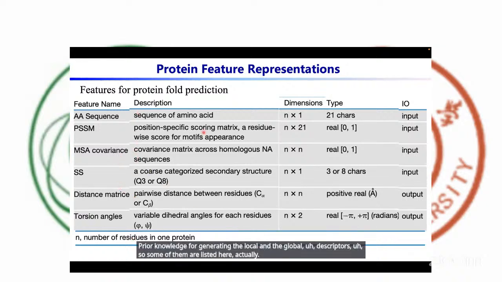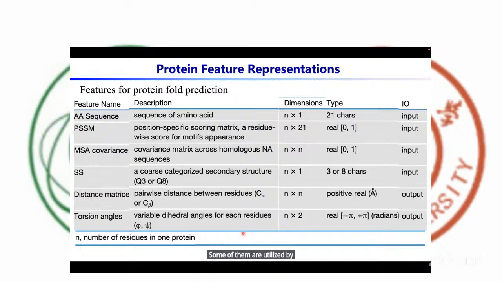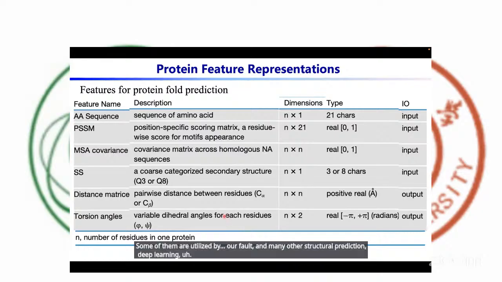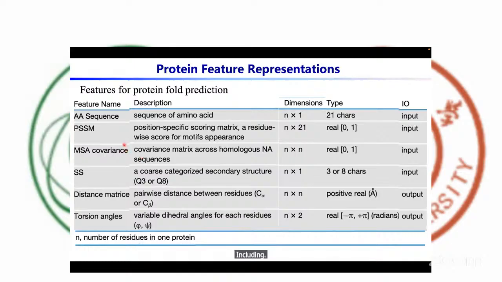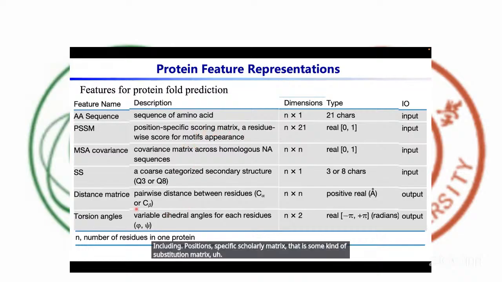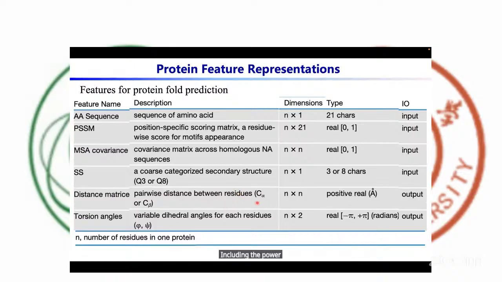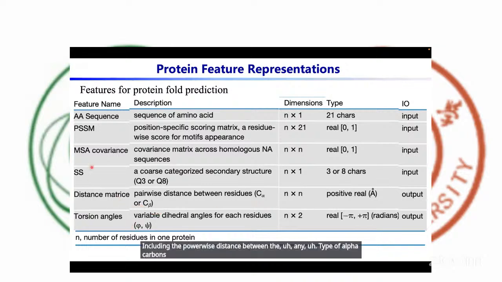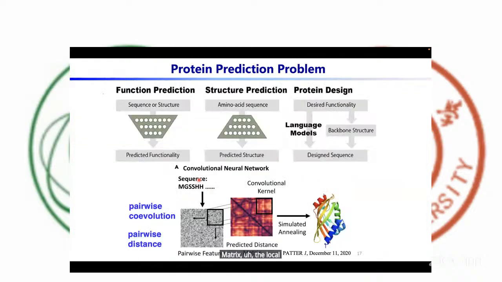Some of them are utilized by AlphaFold and many other structure prediction deep learning models, including the position-specific scoring matrix, that is some kind of substitution matrix, and the pairwise distance between any type of alpha carbons. These are a good start for you to generate the initial local and global matrix.